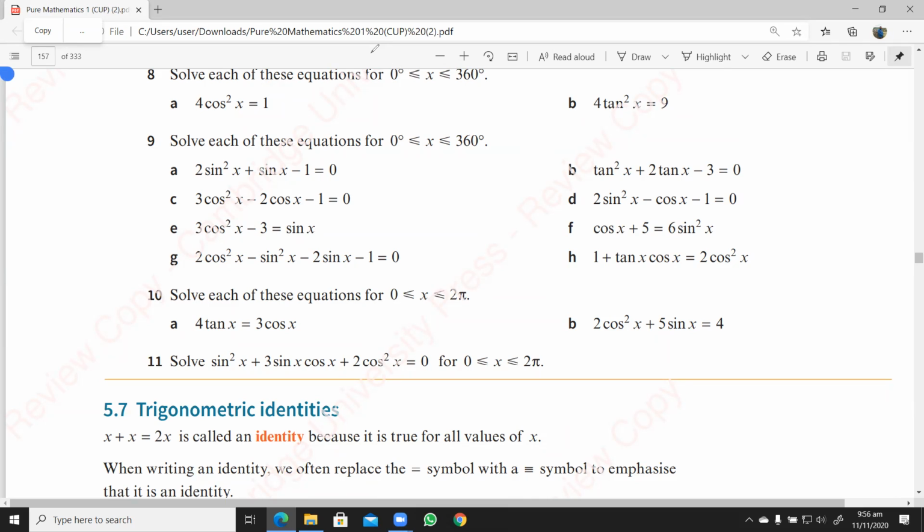Yes, beta. You have both sine and cos in the same equation. So how would you turn all of them into one kind? Yes, beta. Cos square x is equal to 1 minus sine square x. So yeah, sine square x, exactly. So you will have to change this cos square x with 1 minus sine square x, right?